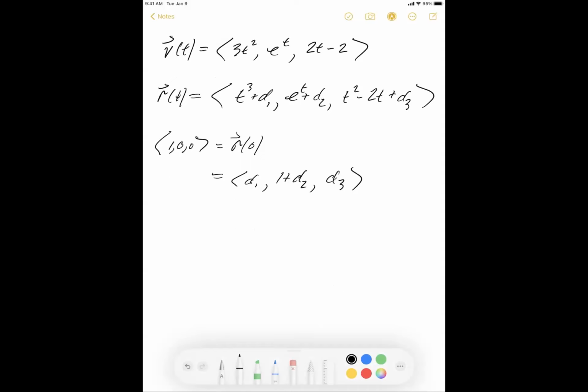So that means d1 equals 1, d2 equals negative 1, and d3 equals 0. So r of t equals t cubed plus 1, e to the t minus 1, and t squared minus 2t. So that's part A. Any questions there?